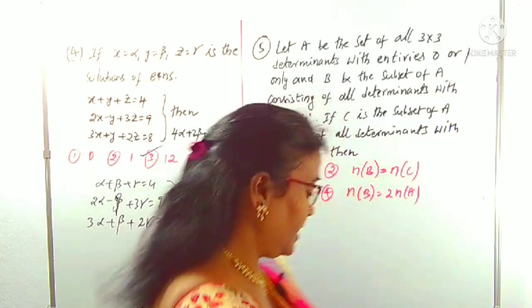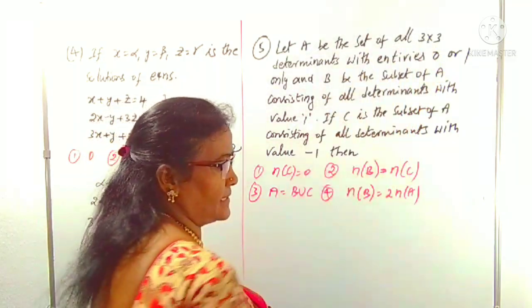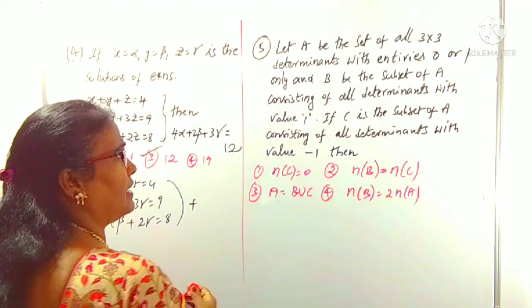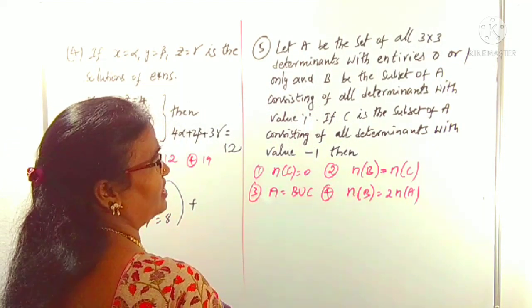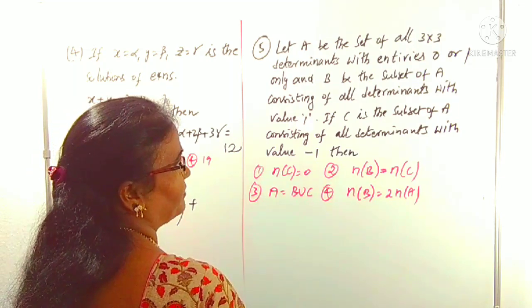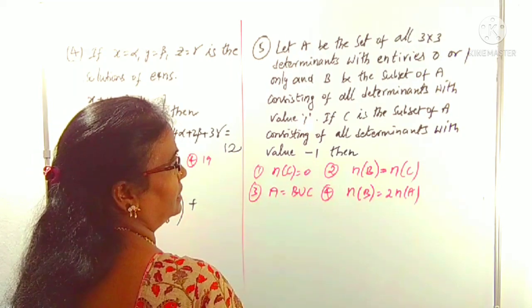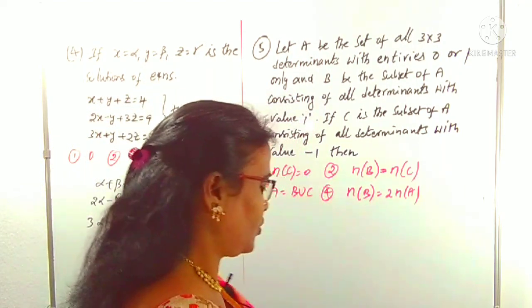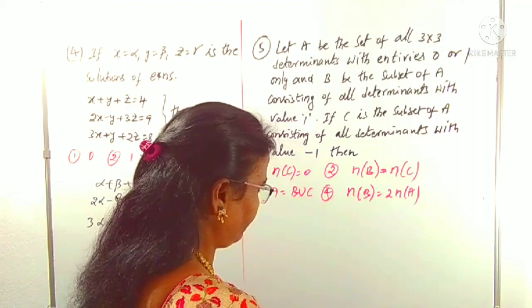You know what is the order given here? 3 by 3 matrix, A matrix. We can use many elements; 2 power 3 into 3, 2 power 9 determinants we can form. One short trick I am giving here.